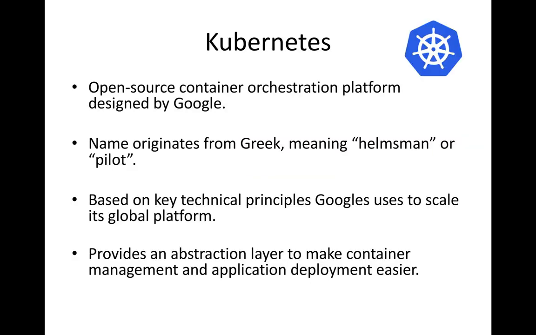I mentioned Kubernetes, and Kubernetes is the next platform I wanted to talk about. Kubernetes is an open source container orchestration platform that was started by Google a number of years ago. The name Kubernetes is based on the Greek name, which means helmsman or pilot.